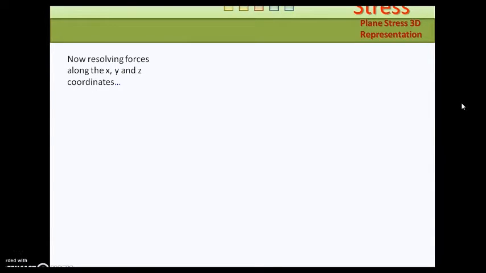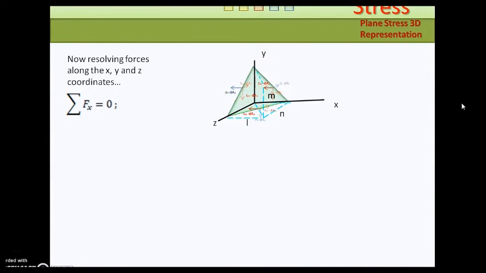As promised, we'll resolve forces along the three axes we have here, x, y, and z. So starting with forces along the x-axis, for static equilibrium, the sum of forces in the x direction needs to equal 0. So now we multiply the lengths L, M, and N with their constituent forces.